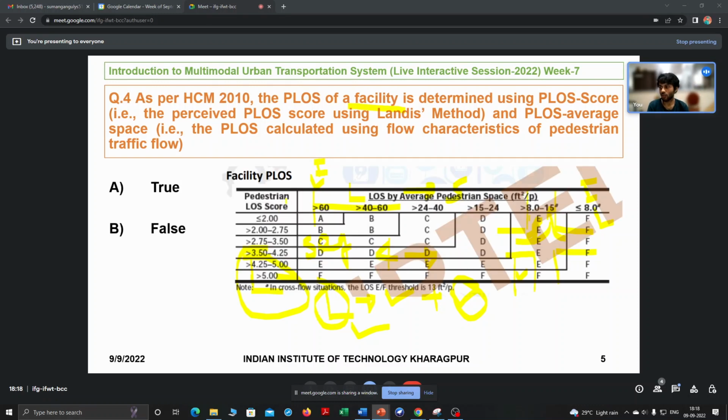So based on this table, using the pedestrian LOS score and LOS by average pedestrian space, based on these two factors, you can calculate whether it is B or C or whatever it is. So it is true. I think you remember something, because sometimes this is confusing since link, intersection, and facility are very close. Sometimes you may get confused.